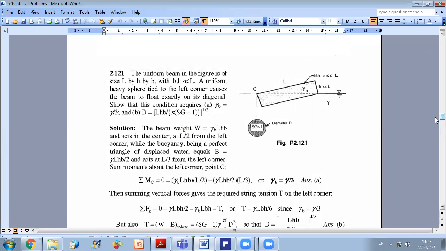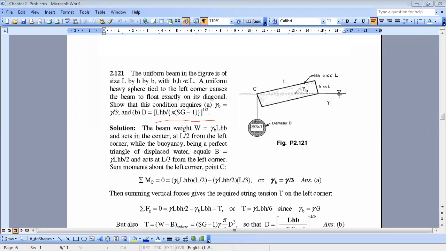We want to show that for this condition, the relation between gamma of the body and gamma of the fluid is that gamma body is gamma of the fluid over 3. And also, we need to verify that the diameter of the sphere should satisfy the following relation.